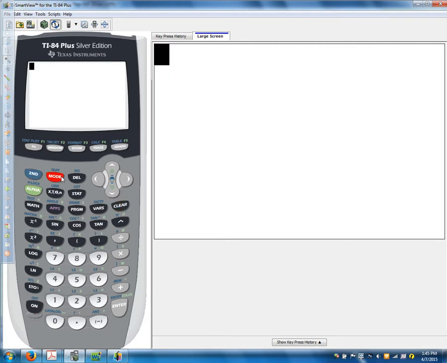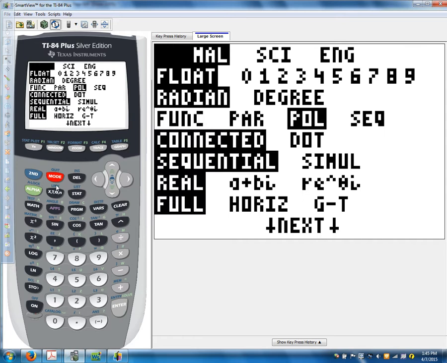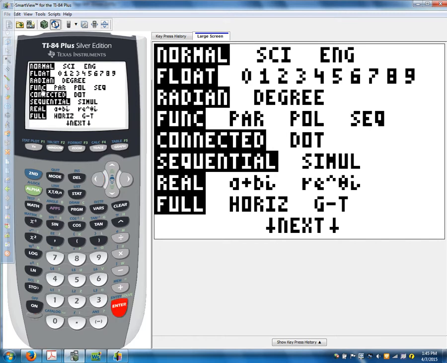We can graph these polar equations in our calculators. So you need to go into your mode, and down here, where we normally keep it set on function, to graph something like y equals x squared, we need to move it over to polar. That's what this is.